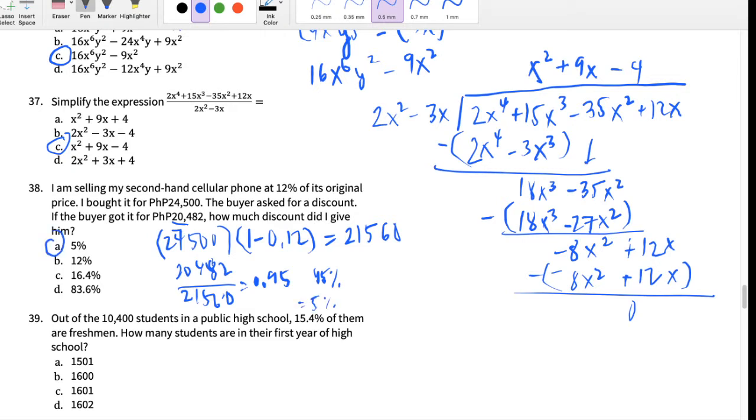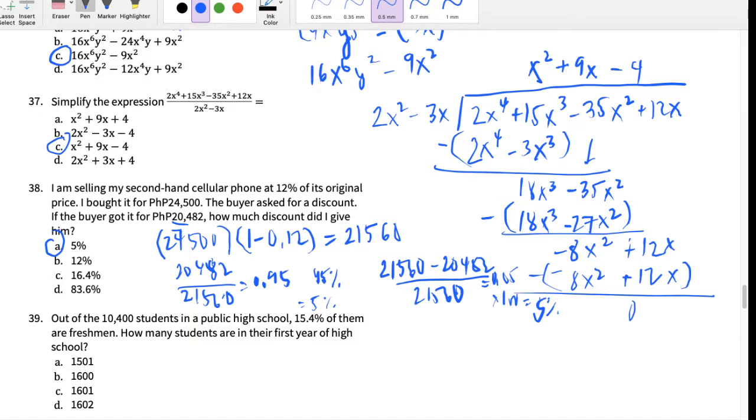Another way of solving this would be to subtract muna yung 20,482 from 21,560. Then divide that by 21,560. Here, you should get the answer na 0.05. So, times 100, that's equal to 5%. Okay, so pareho lang yung makuha nyo sagot.